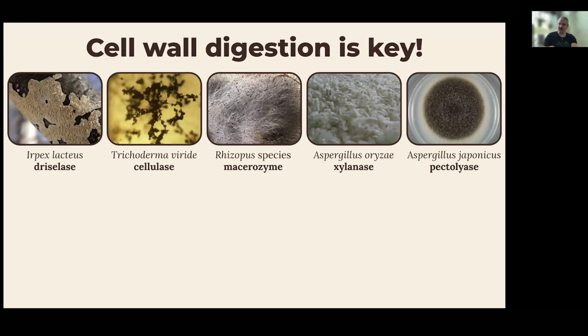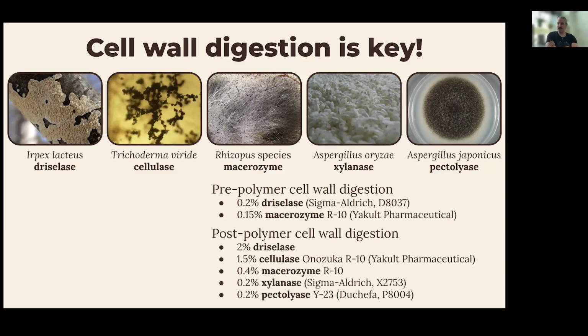My favorite is probably Aspergillus oryzae, because that's what you use to make sake in Japan. All of these different fungi digest plant cell walls to eat the plants essentially. So we mixed together a mixture of all these different enzymes, applied it to the plant that was embedded in the hydrogel, and that gets rid of the cell wall.